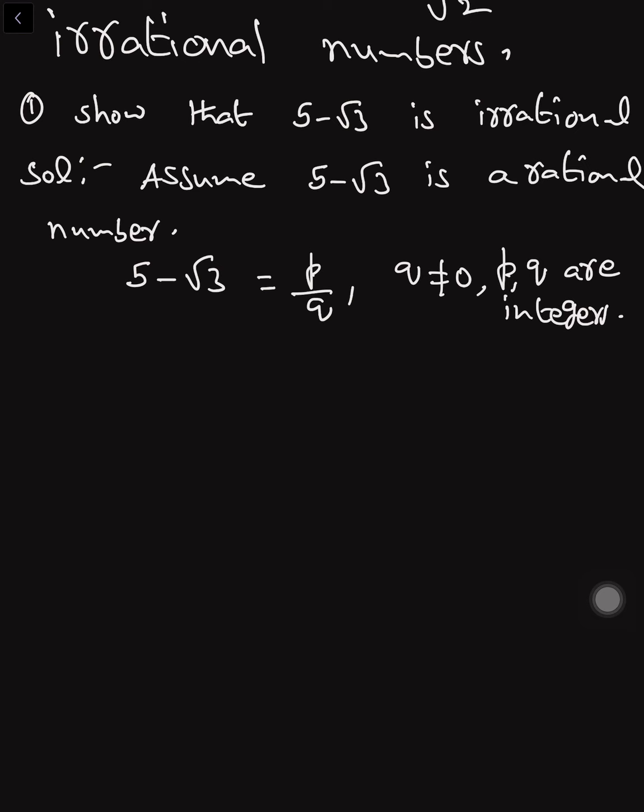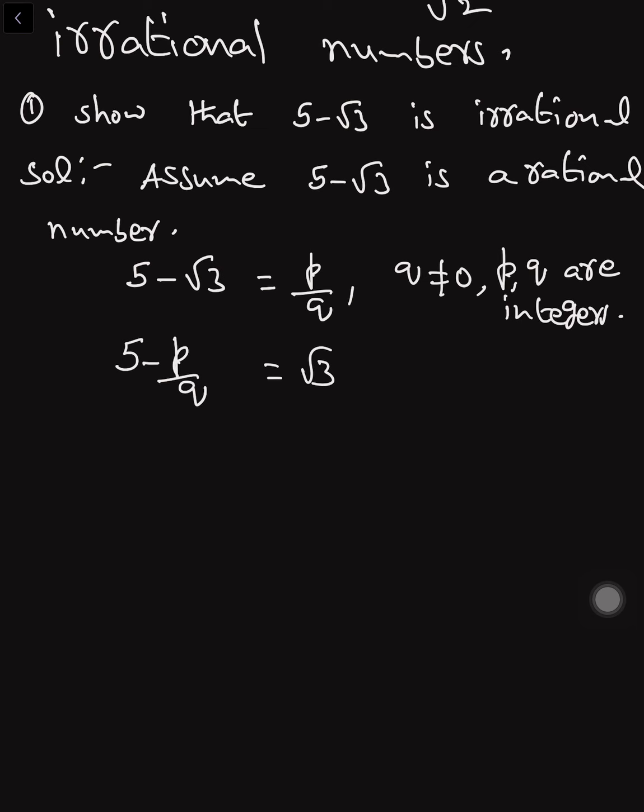So you can transpose minus root 3 to the RHS side and p by q to the LHS side. 5 minus p by q is equal to root 3. Now you can observe in LHS, 5 is a rational number and p by q is a rational number. So their difference is also a rational number.